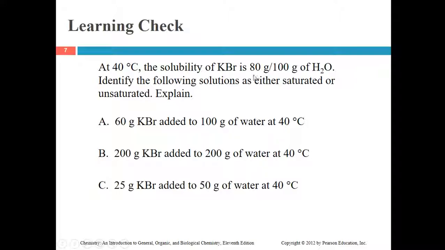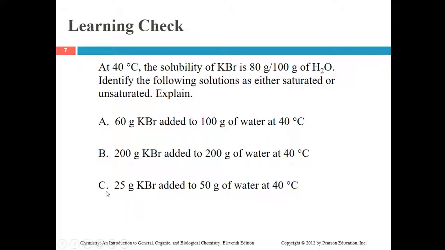No, you can't get 100% in there when your ratio, they already told us, is 80 over 100 or 80%. So no, that's considered a saturated solution. You're only going to get twice as much of 80 because this is twice as much. So you would only get 160 grams to dissolve.